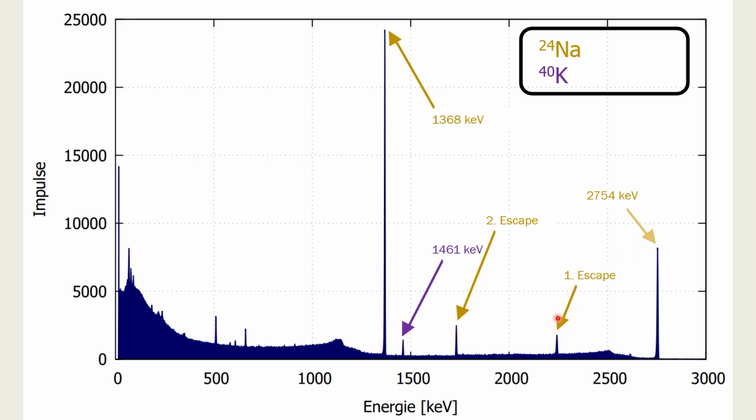And the second escape peak is at this energy minus 1022 kiloelectron volts. Now, the 1300 is also above 1022, but the occurrence probability for these escape peaks increases with energy. So you might be able to find these if you look closer, but here we can see them quite clearly because this is a very high energy.